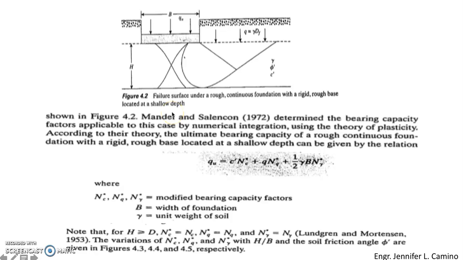So basically for this, according to Mandel and Salencon in 1972, they determined the bearing capacity factors applicable to this case by numerical integration using the theory of plasticity.